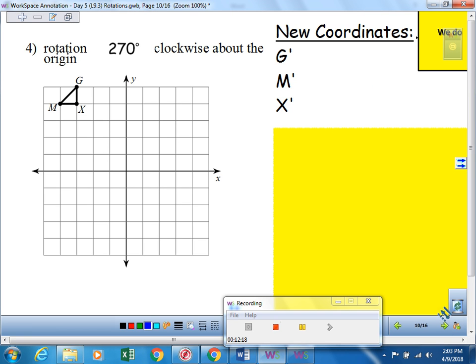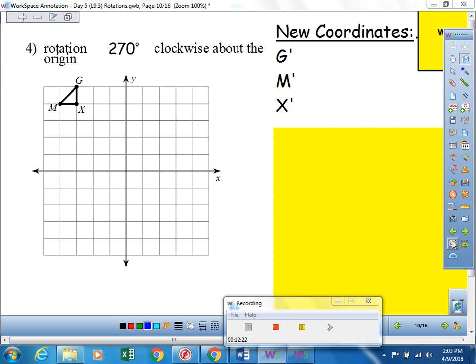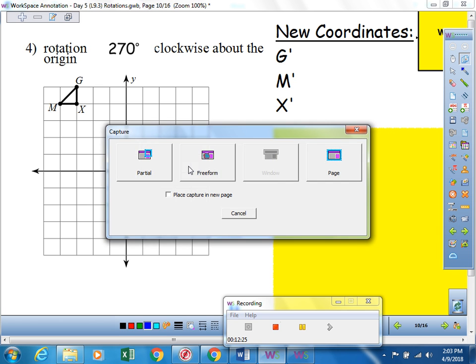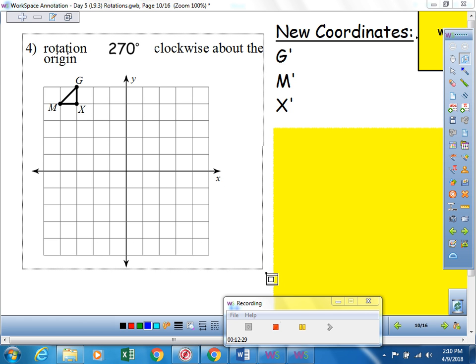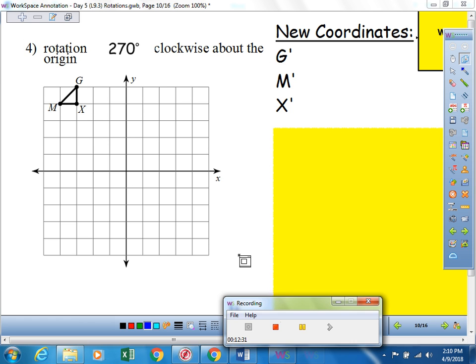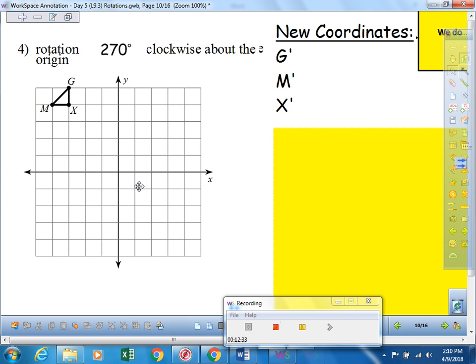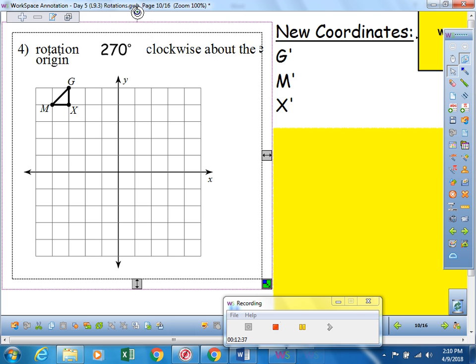All right, let's look at this one. So what does this say? It says 270 clockwise. Which way am I going to go? To the right.